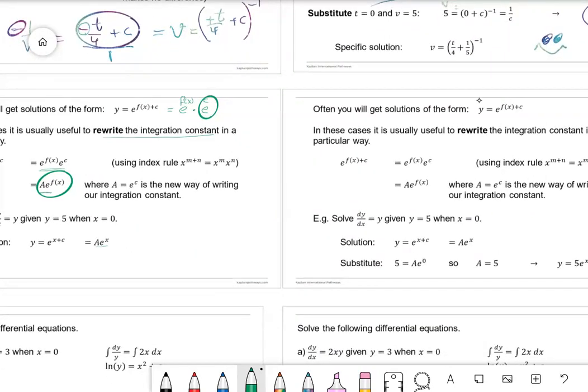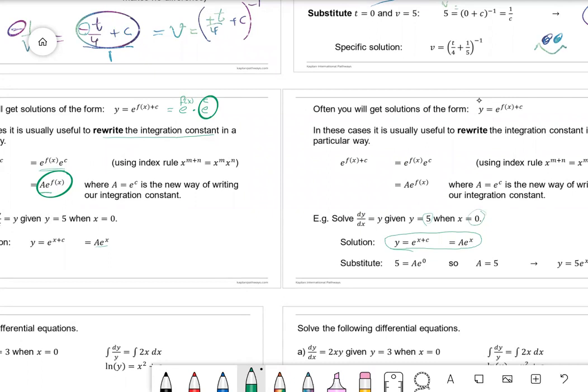Okay. Now, this is the general solution here, y equals a e to the power x. Then to find the specific solution, you need to substitute the values of y and x. y here is 5 and x is 0. So 5 equals a e to the power 0.